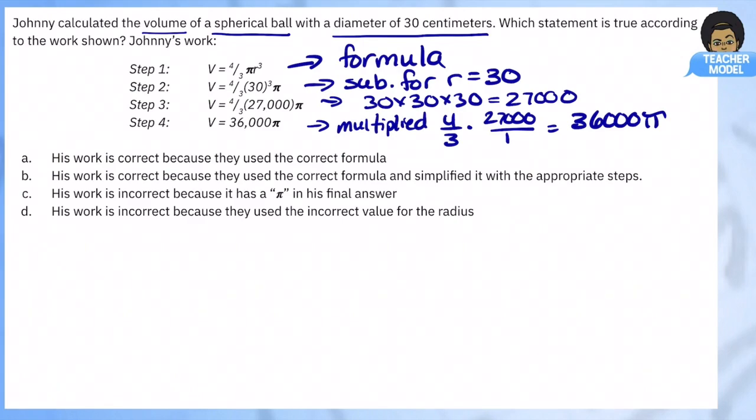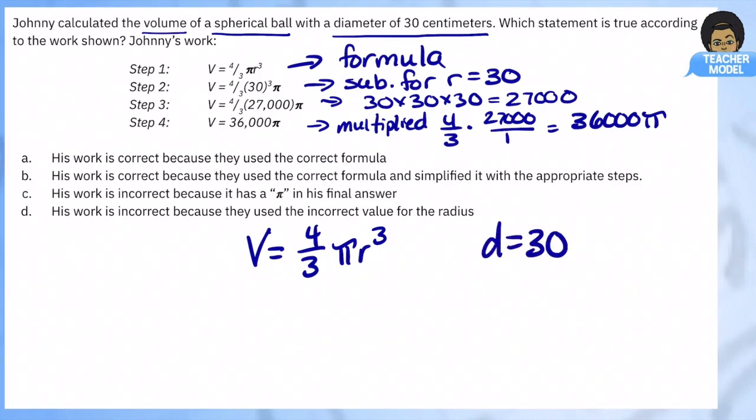So let's look at what we think is true. Is this correct? Do you see any possible error or red flag in here? Looking at the problem, it says our diameter equals 30.